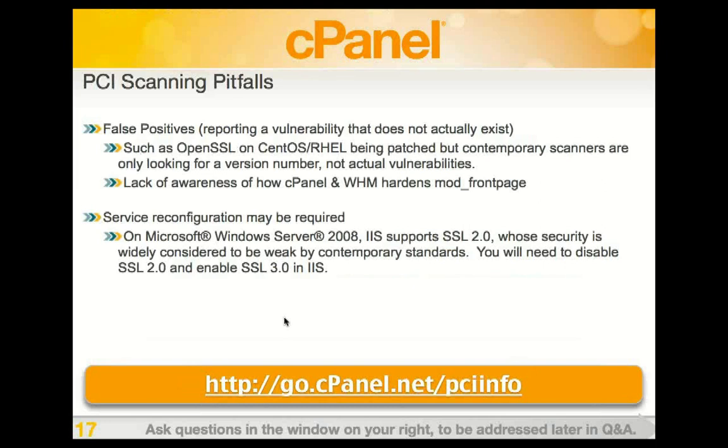So common pitfalls with PCI compliance scanning: the false positives like we were talking about with backporting. Again, they're looking at versions and not actually probing for actual vulnerabilities.